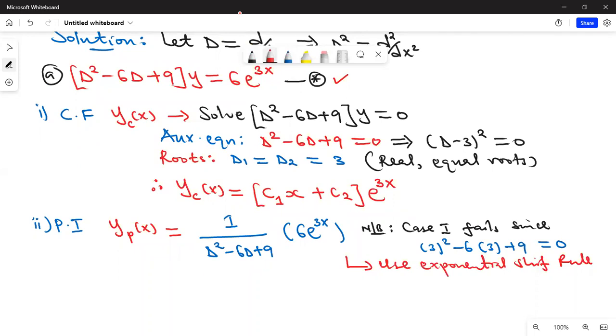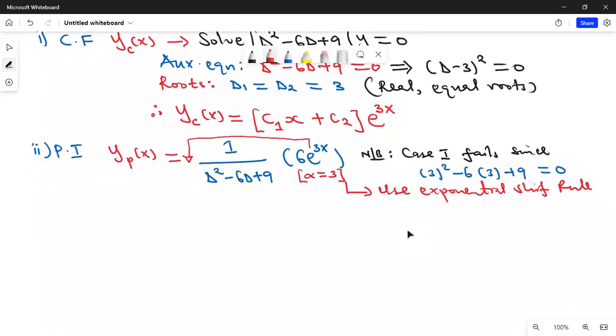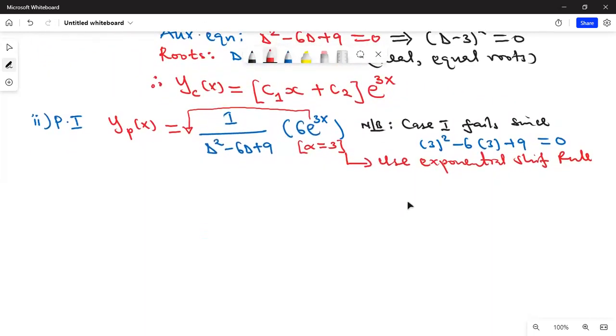So what do we do? We need to shift exponential 3x to the left of the inverse d operator. In this case, our alpha is equal to 3. So when you shift to the left, where there is d, you are going to replace it by d plus alpha. So that means d plus 3 because our alpha is 3.